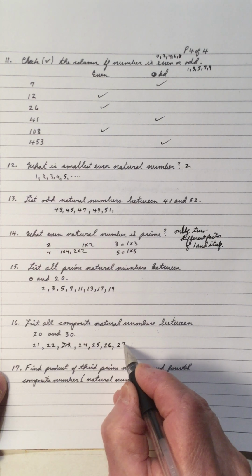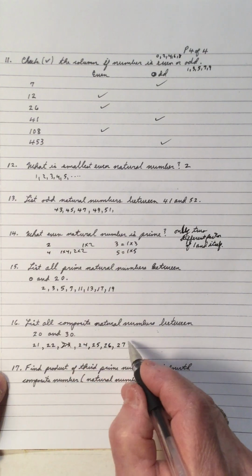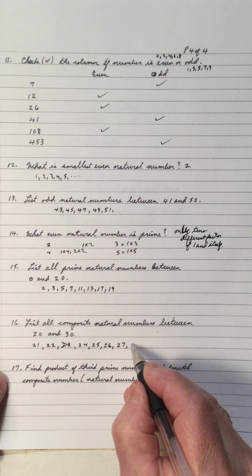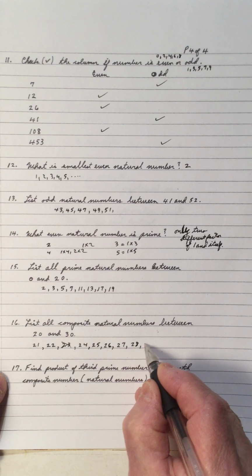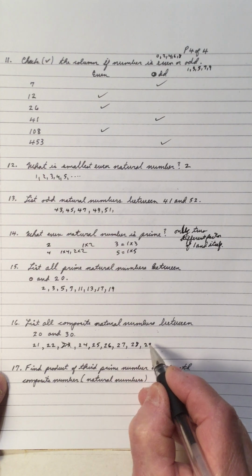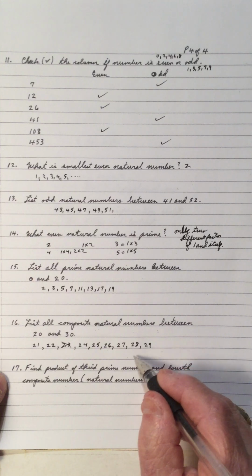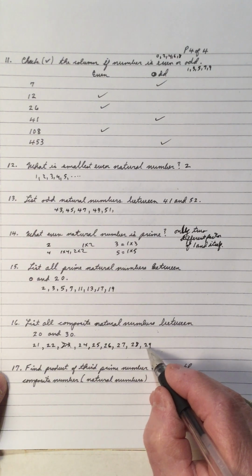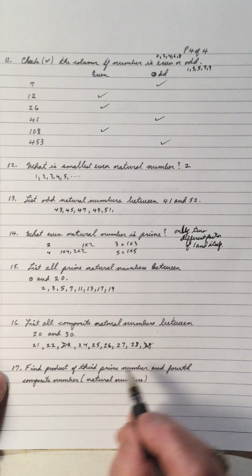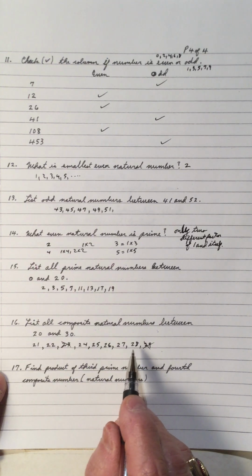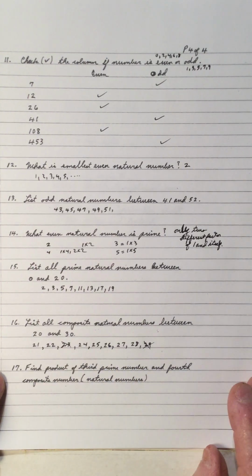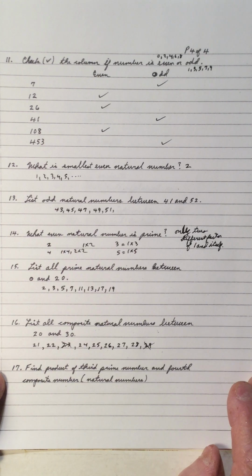So 27 is composite, not prime, sorry. 28 is composite, because it's 1 and 28, 2 and 14, 4 and 7. 29 is prime. The only 2 factors of 29 are 1 and 29. So these are the composite numbers between 20 and 30. Composite numbers have more than 2 factors.